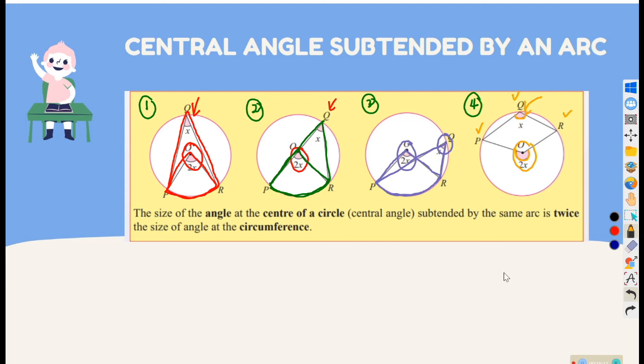This type we call a rocket; you can see this shape as a rocket shape. So remember, there are 4 different types of this central angle subtended by an arc. Now we see an example here.